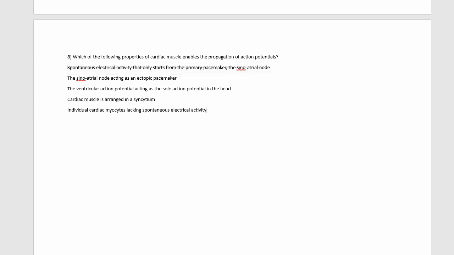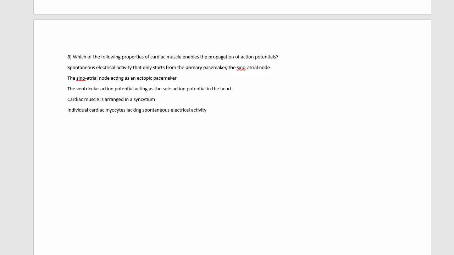Okay, so 2 is incorrect because the SA node is the primary pacemaker. When it's talking about it being an ectopic pacemaker, that's any group of pacemaker cells that can generate spontaneous electrical activity abnormally.